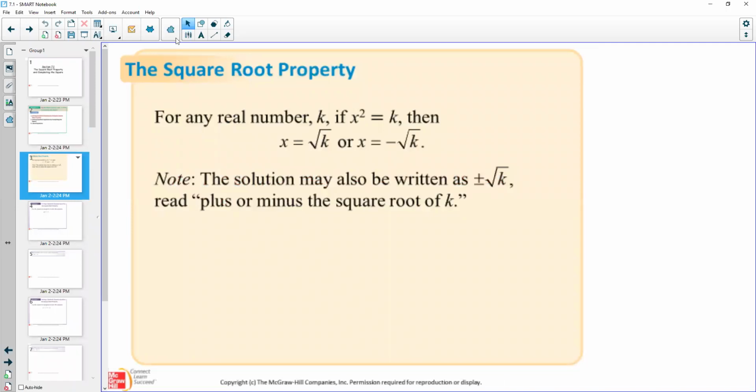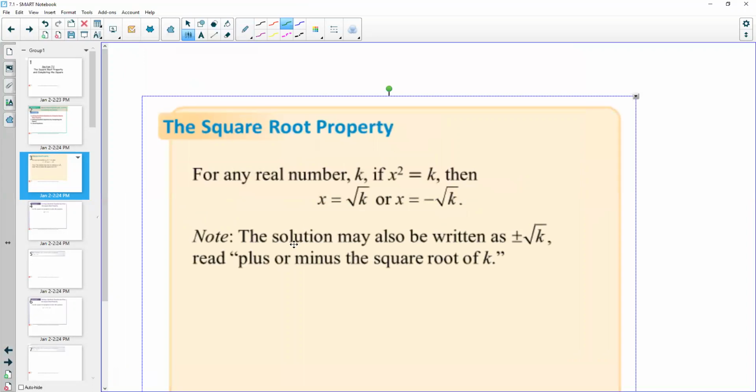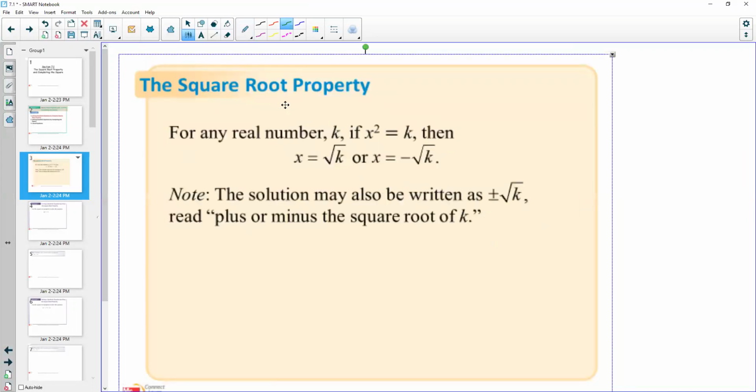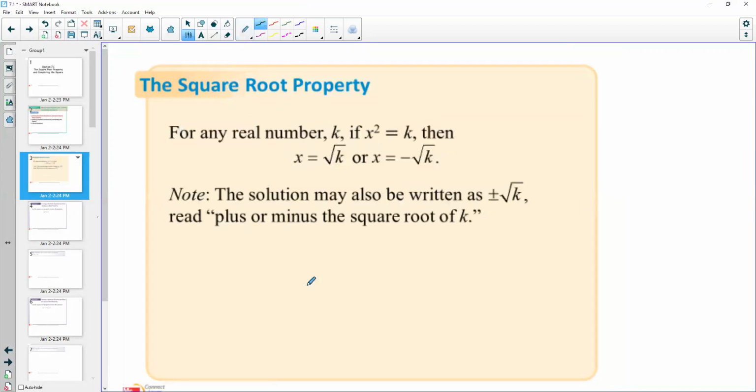So the square root property is a super helpful tool. Basically what it says is that when you have x squared equals k, you can solve it by taking the square root of both sides.